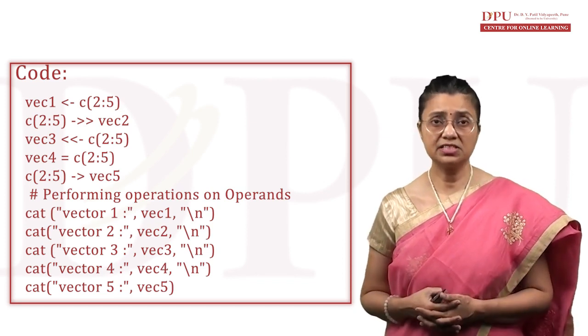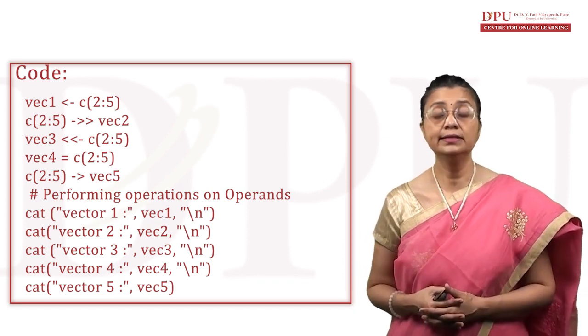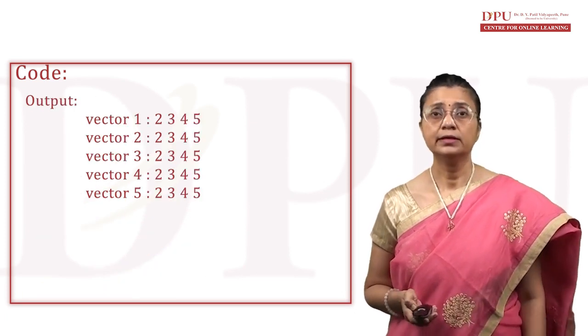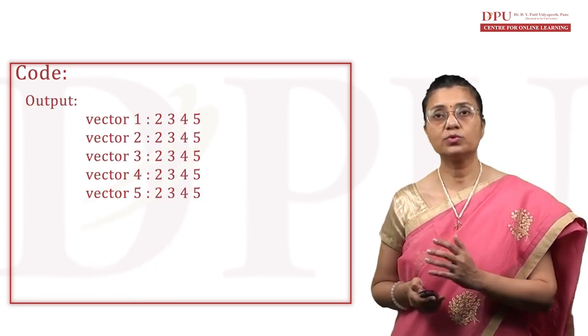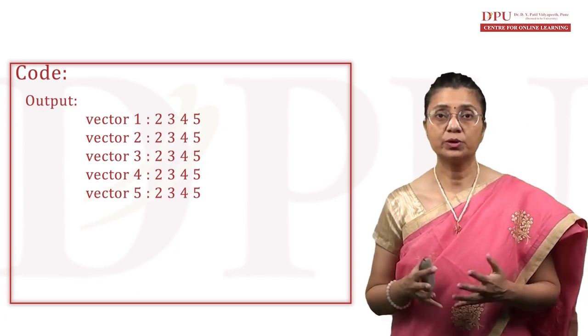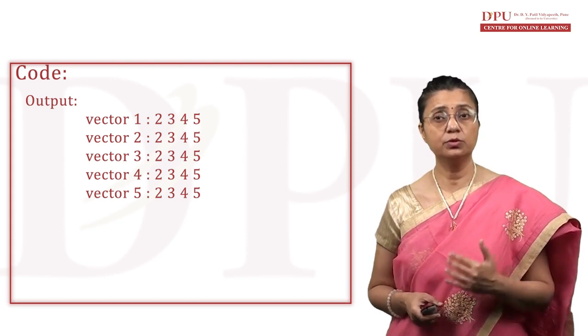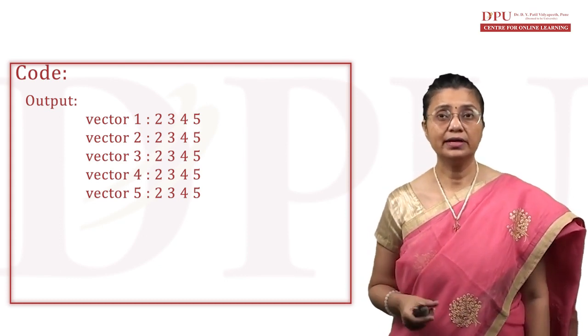Likewise, we have the cat command in R. So vector 1 is vector 1, vector 2 is vector 2, and that is how we have printed. You can see there are 4 new lines, so that every time after printing we come to the next line.